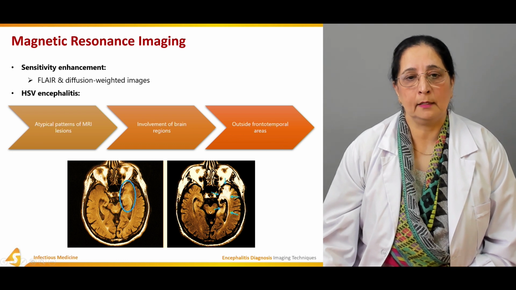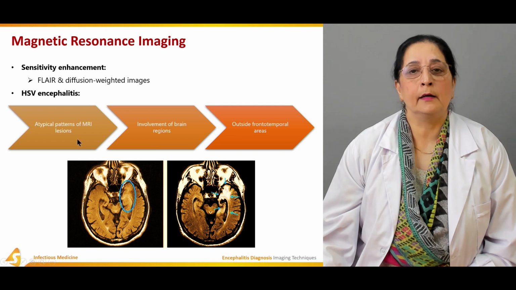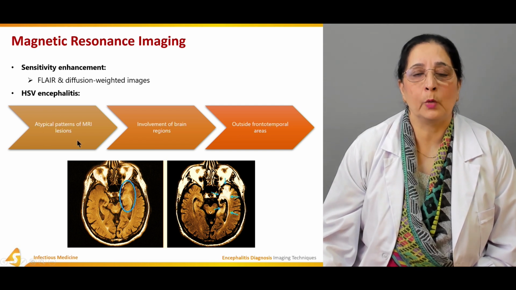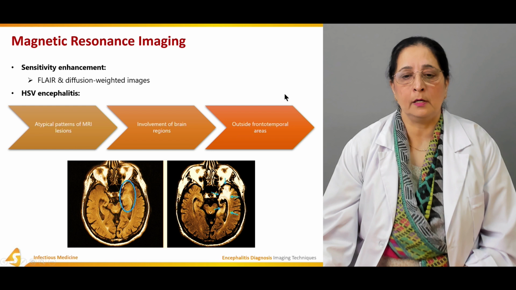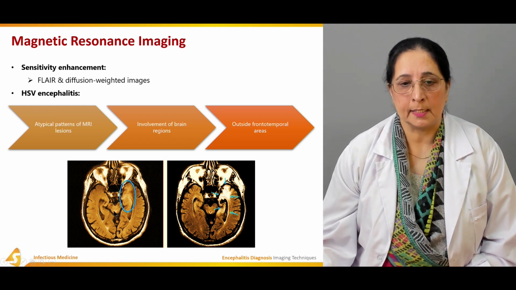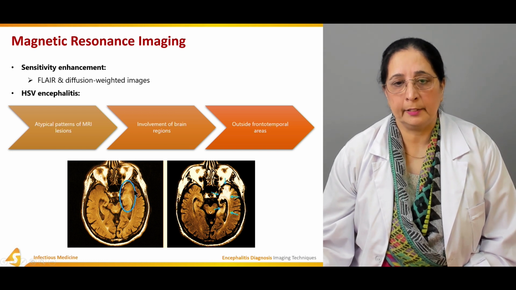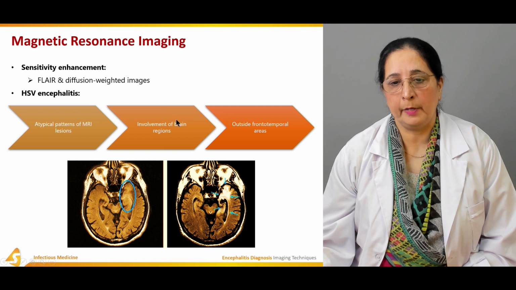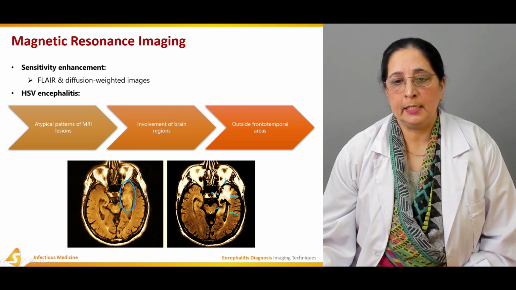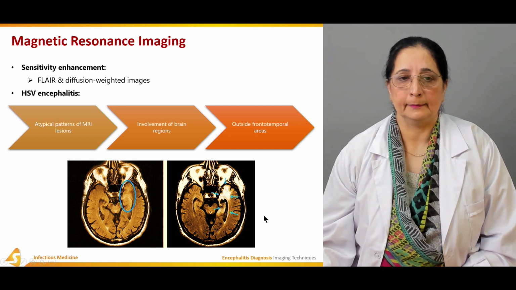So all these are the changes that occur in herpes simplex virus encephalitis on MRI. You can see the enhancement of the atypical pattern of magnetic resonance imaging, involving brain regions outside the frontotemporal areas of the brain.